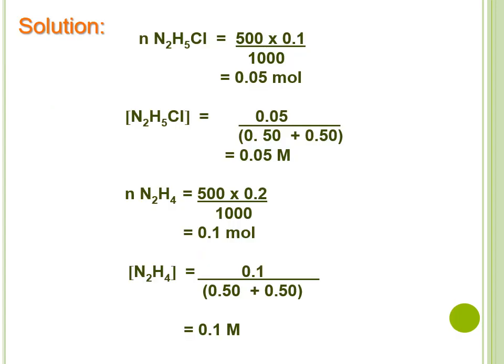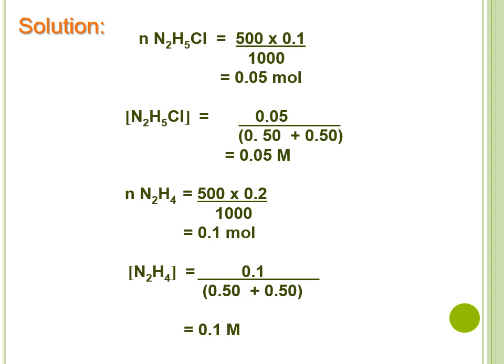The first thing that we need to do is find the pH of the buffer solution. So for the salt given, we need to find the concentration. Given to us is 500 ml over 1,000 times 0.1 molar, we get 0.05 mole.